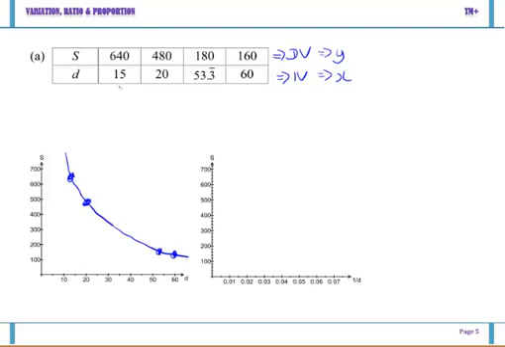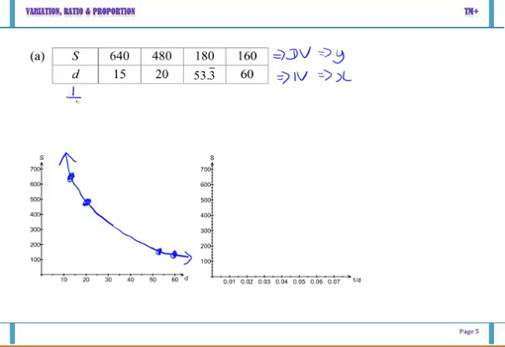When d was 15, which is here, I have s is around 640, when d is 20, 480, etc. And you can see that I'm getting that curved graph, and that keeps going. So it's indicating an inverse relationship.